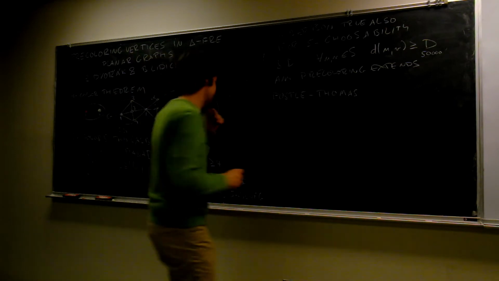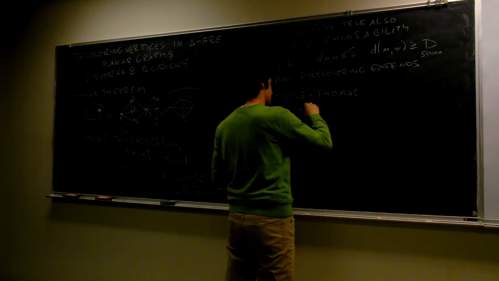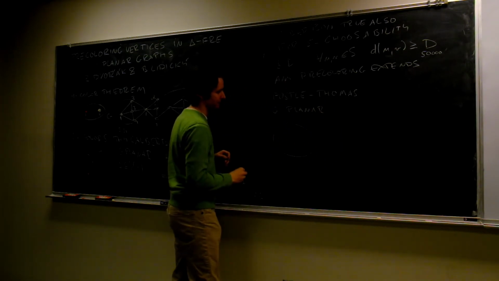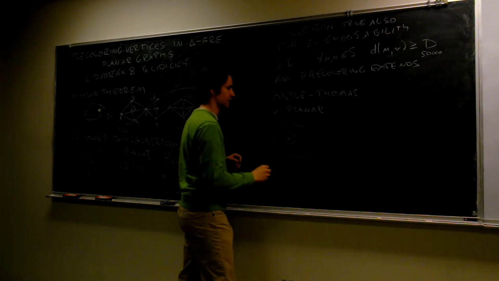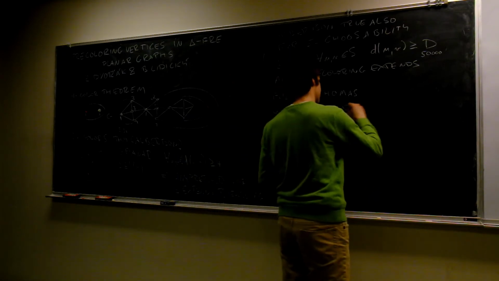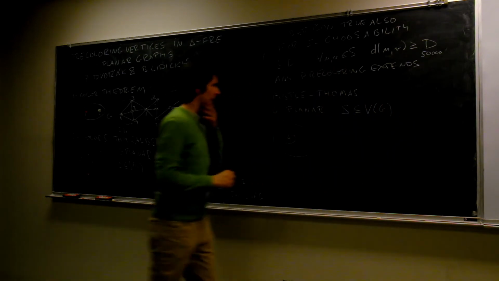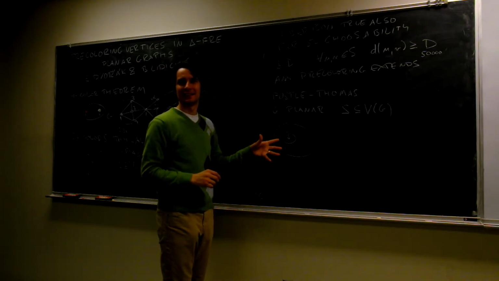And it is saying the following: you have a graph G that is planar. So I'll have the graph G, and you have some set S, a subset of the vertices of G, and I would like to know when a precoloring of S extends.